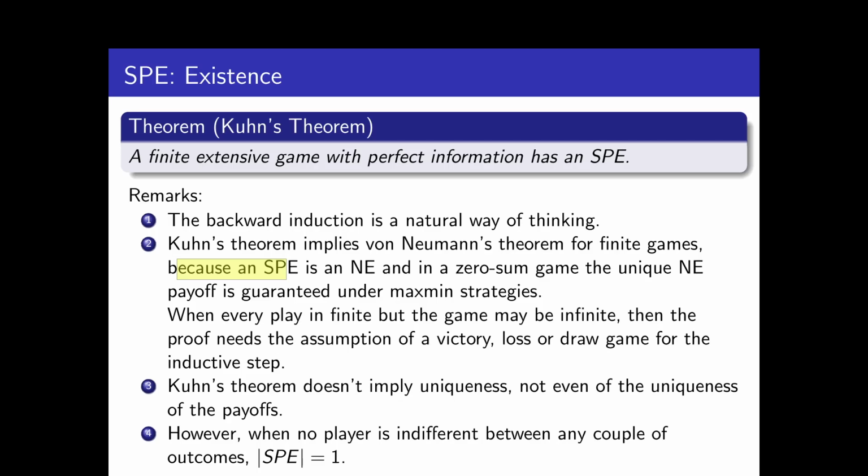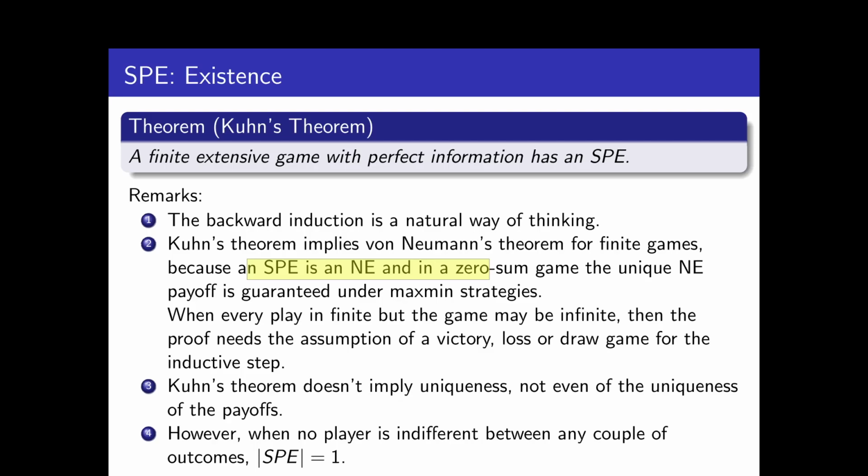And then for finite games, they simply say as follows. A subgame perfect equilibrium is in particular a Nash equilibrium. And in a zero-sum game, in a victory, loss, draw game, which is zero-sum, there is a unique Nash equilibrium value, and it's guaranteed under the max-min strategy.